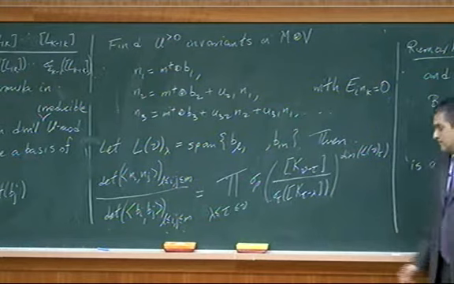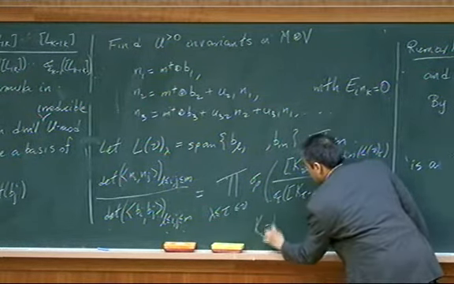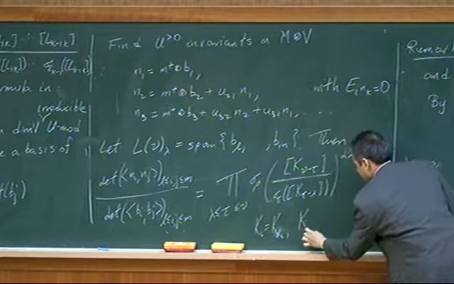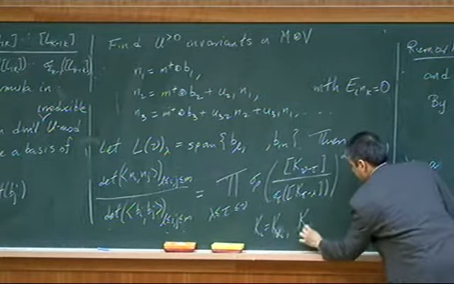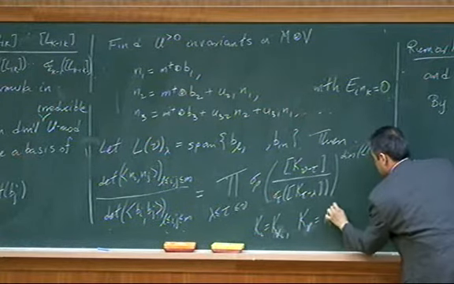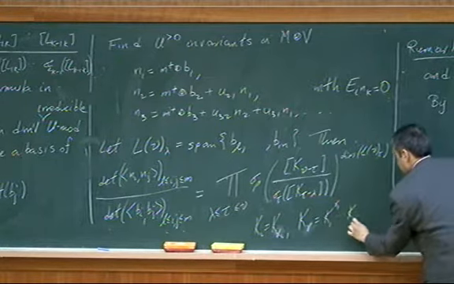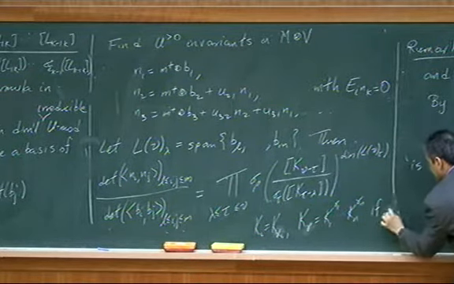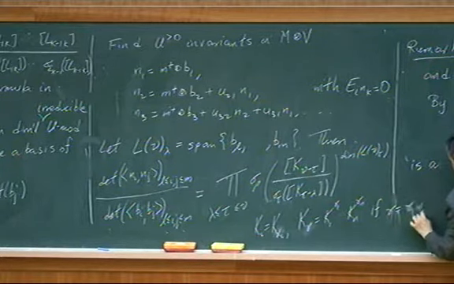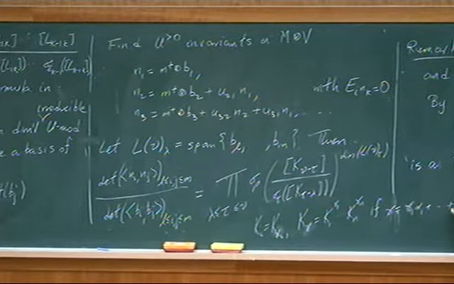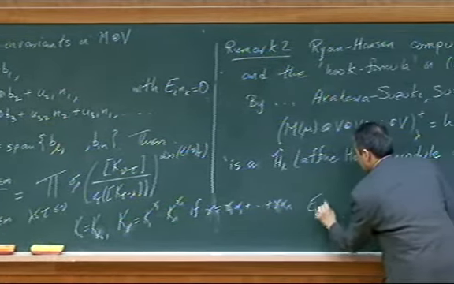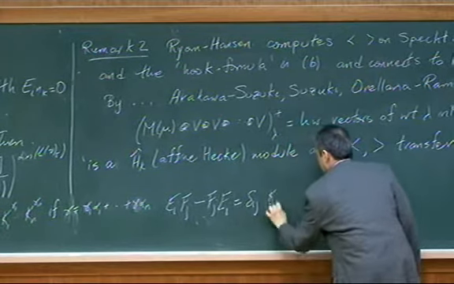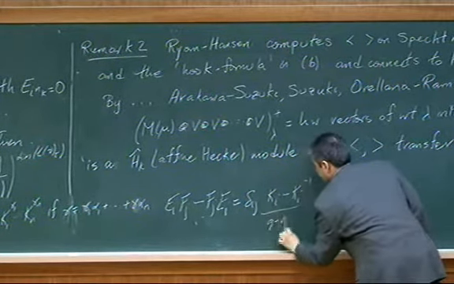So the k's, does it make sense what the k's are? k_i is k_alpha_i, and in general k_gamma is k_1 to the gamma_1, etc., k_n to the gamma_n, if gamma is gamma_1 alpha_1 up to gamma_n alpha_n. And E_i F_j minus F_j E_i is delta_ij (K_i minus K_i inverse) over (q minus q inverse).